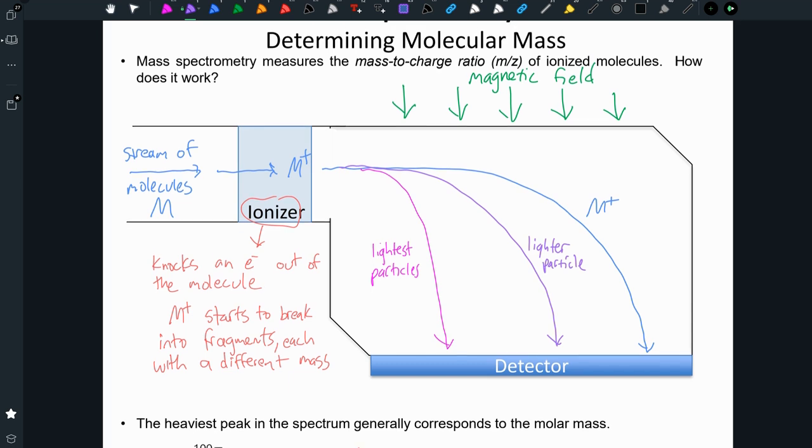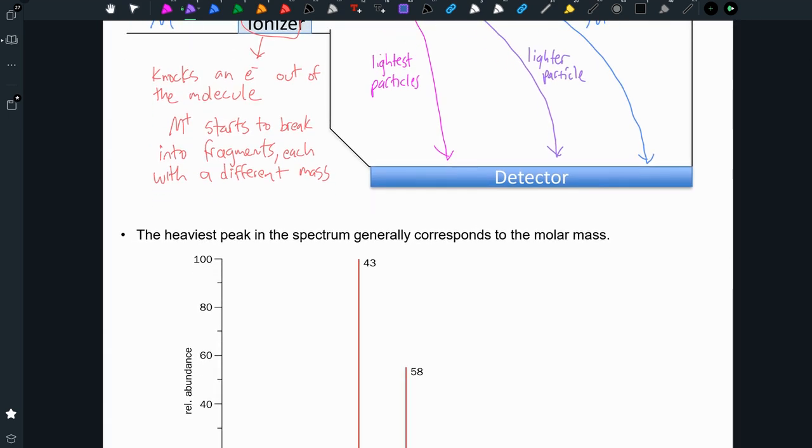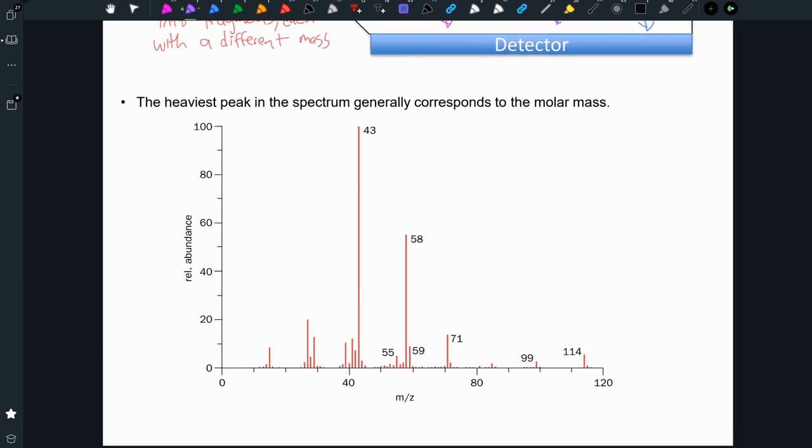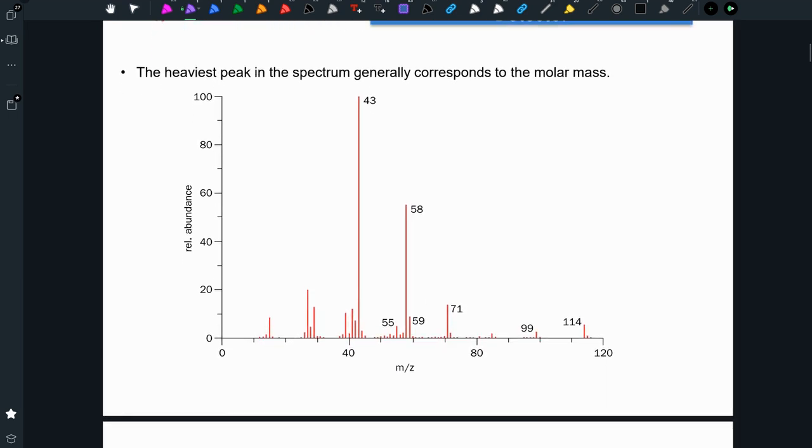Our detector is essentially going to produce a graph that shows the relative number of particles that travel a certain distance. And so this x-axis in the graph is mass divided by charge, but z, the charge, is +1 for all the ions. There may be a tiny fraction of fragments that end up with different charges, but +1 is essentially the same for all of them.